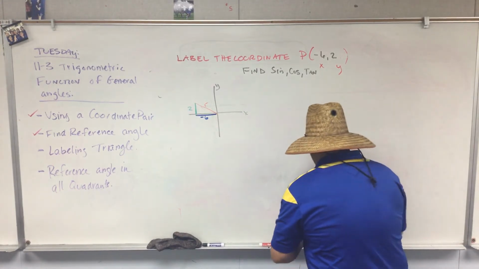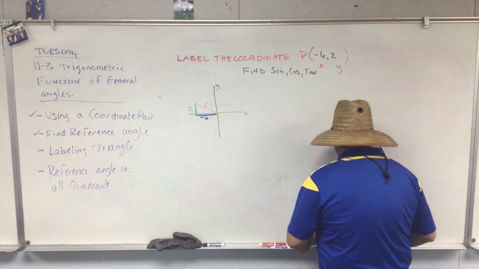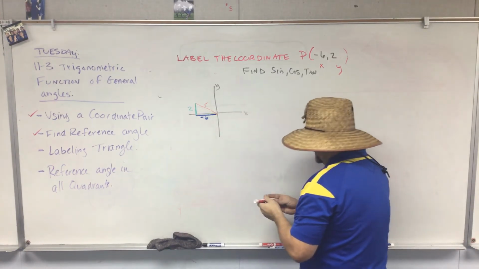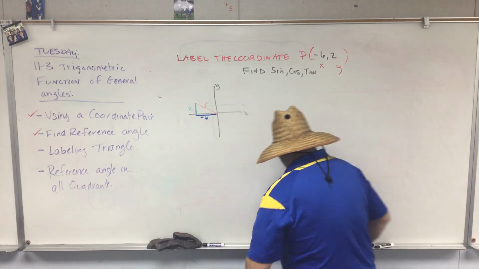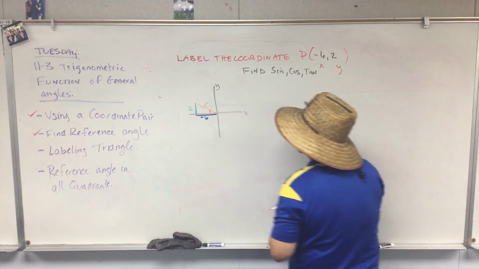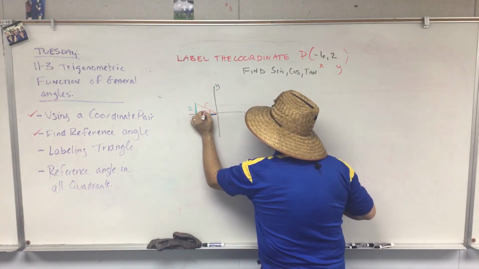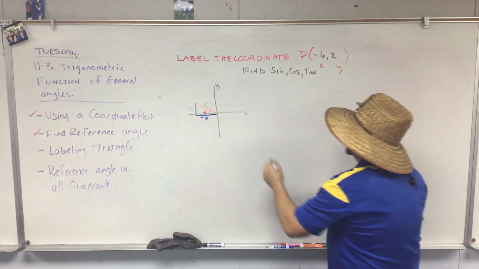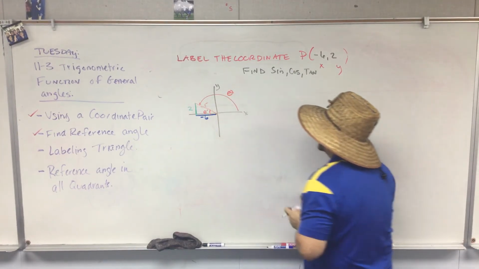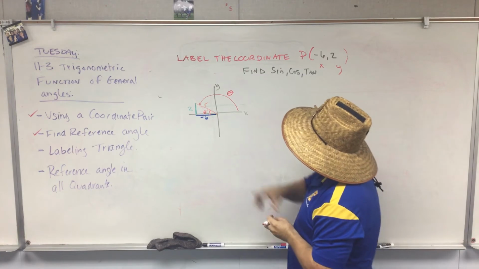Our reference angle is always from the x-axis to the terminal side. Oops, that one's dead. X-axis to the terminal side. There we go. There's my reference angle. There's my entire theta, standard angle, and terminal side right here.